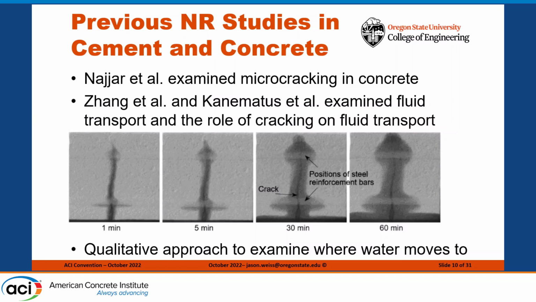There are about 140 papers total on neutron imaging of concrete. What really pushed neutron imaging in general to the forefront was fuel cells. There's lots of interest in fuel cells and looking at where hydrogen was going in those systems.